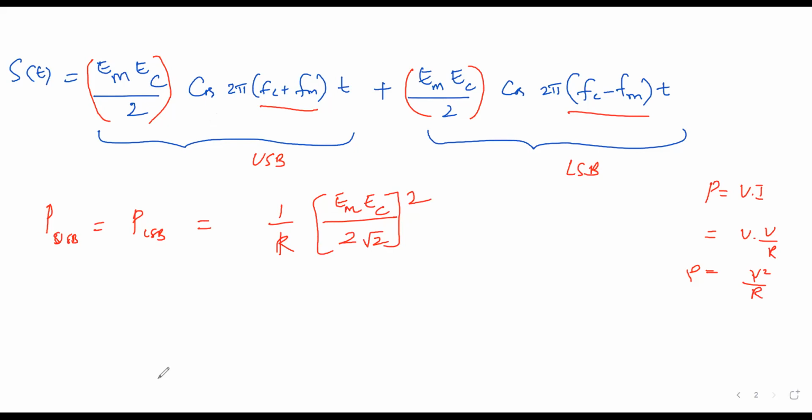Correct? The square of the RMS value divided by R. So this will become Em square Ec square by 2 square is 4, root 2 square is 2. So 4 2s are 8. So this will become 8R. So Em square Ec square by 8R is the power of the sidebands. Is that clear?